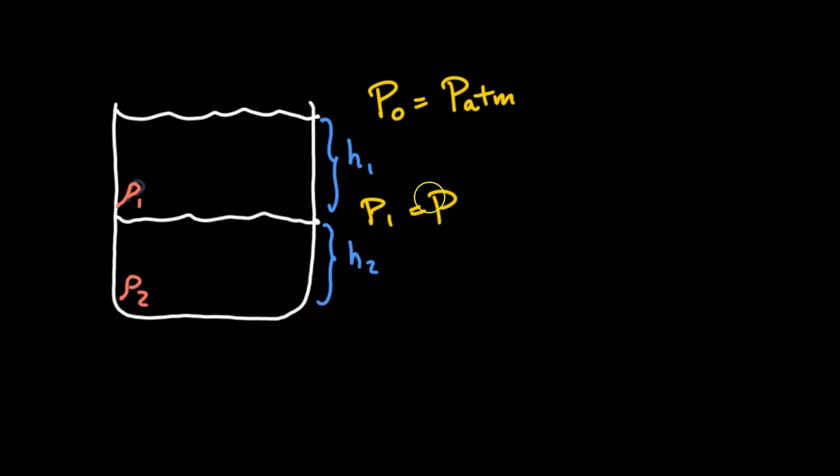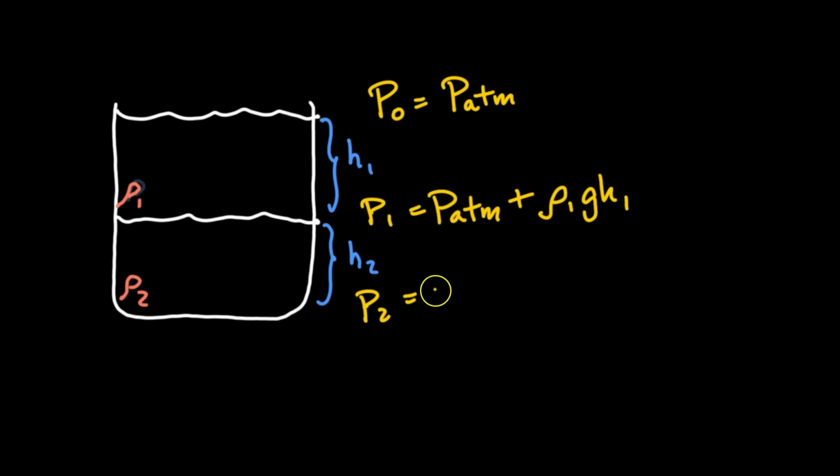As we move down, we're going to add the additional pressure from the fluid above. So moving through the first layer, our new pressure P1 is equal to atmospheric pressure plus rho 1 g h1.